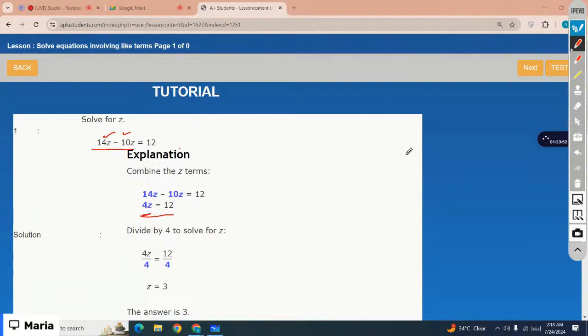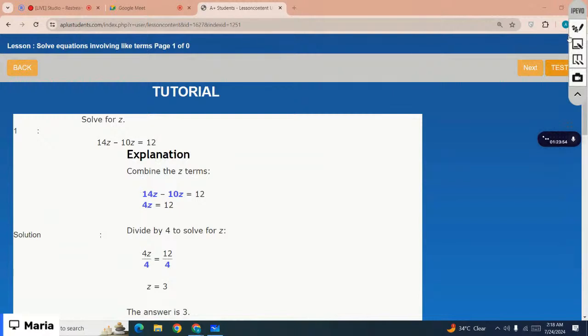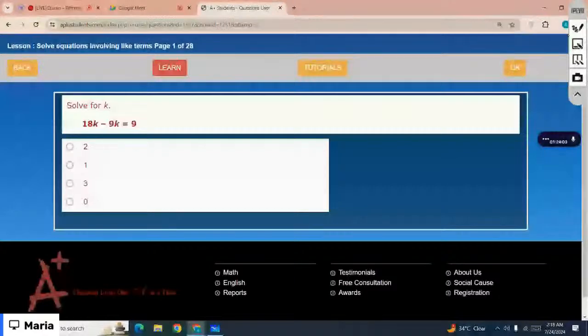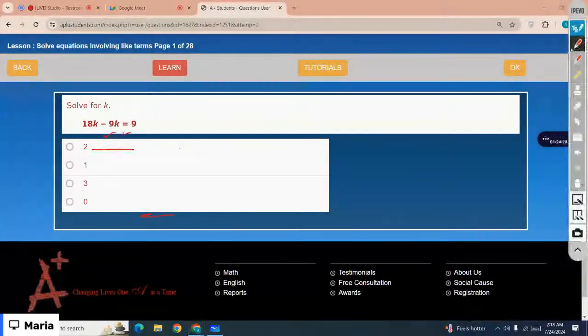Let's start with the test questions. Solve for k. 18k minus 9k equals 9. 18k and 9k are like terms, right?